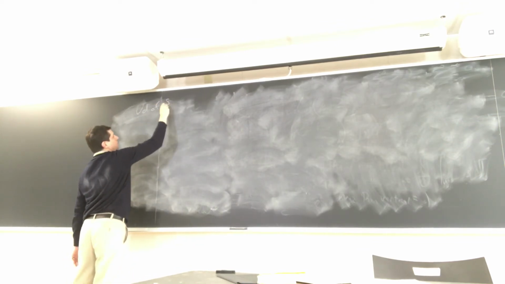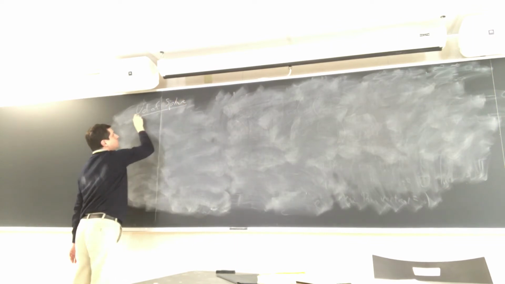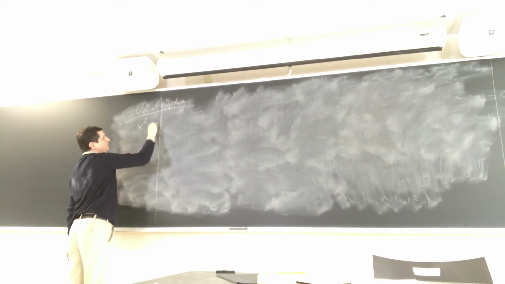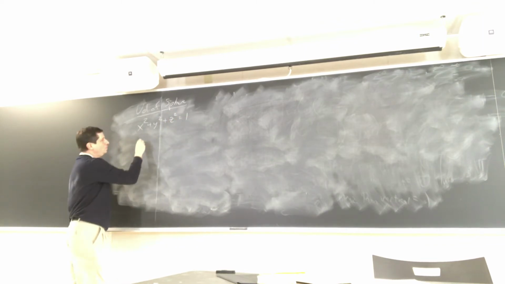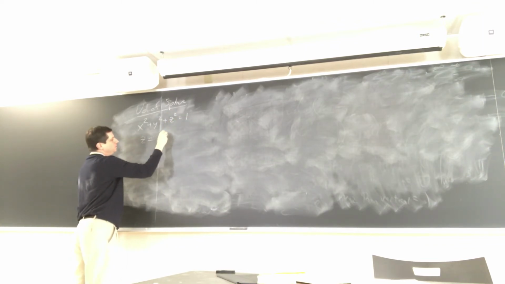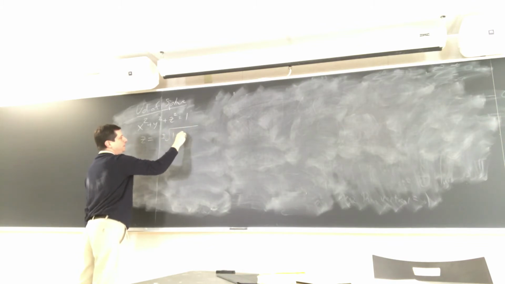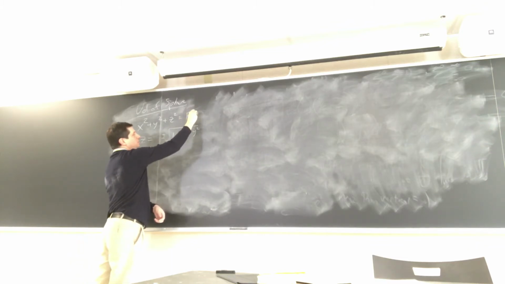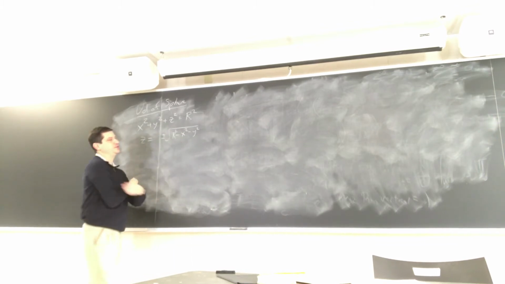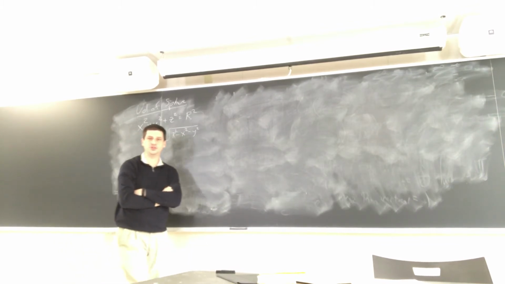Volume of a sphere. So since x squared plus y squared plus z squared is 1, we get z is plus or minus the square root of 1 minus x squared minus y squared. Let's do the more general case of a sphere of radius r. It's not that much harder, and this will save you doing the search and replace later.